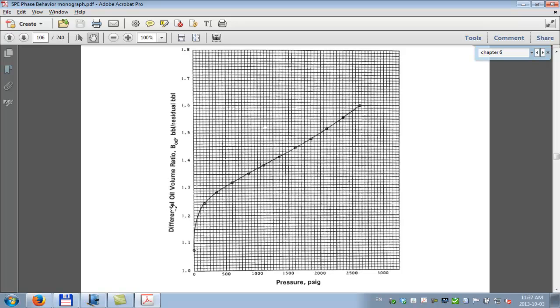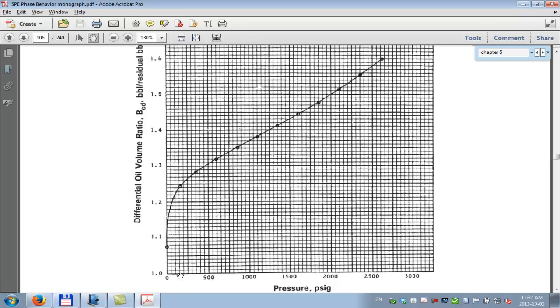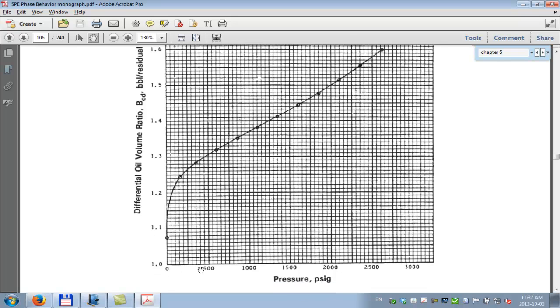This is the differential oil formation volume factor, BOD. It's the barrels of oil at some pressure divided by the final residual barrel. Why does it not go to 1 here at 1 atmosphere, or 0 psig? Why does it not go to 1?